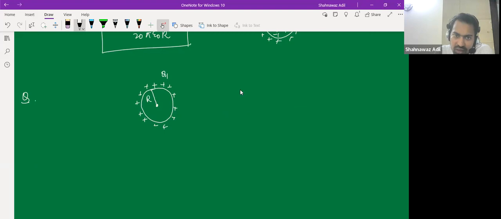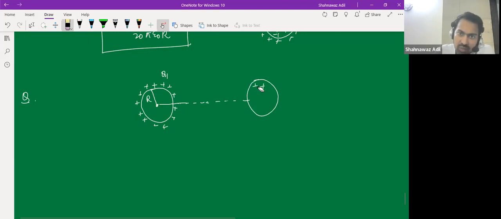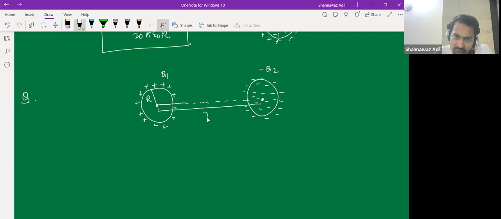And we have another sphere on the same axis. This one is a solid non-conducting sphere, but it has a negative charge, minus q2. And the separation between these two points is r.